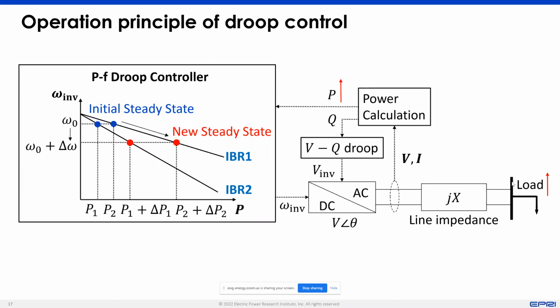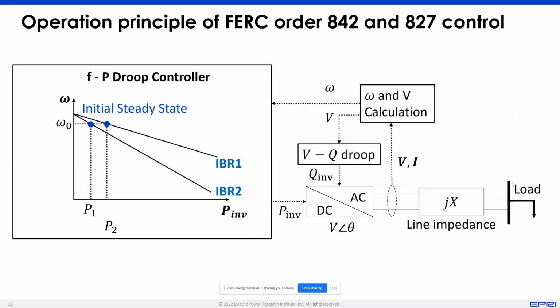Now we can have a different way to implement this droop control, which instead of measuring this P and Q, we can measure the voltage and frequency at the motor terminal, and then determine the P and Q injection from the inverters, which were illustrated in the previous slide. So by doing it this way, again, it can sense when the load increases in the system, it has a synchronization mechanism, and the frequency of this inverter will then drop.